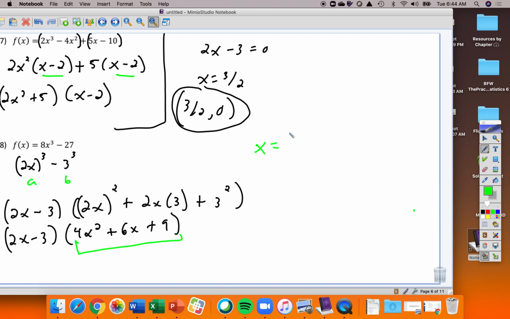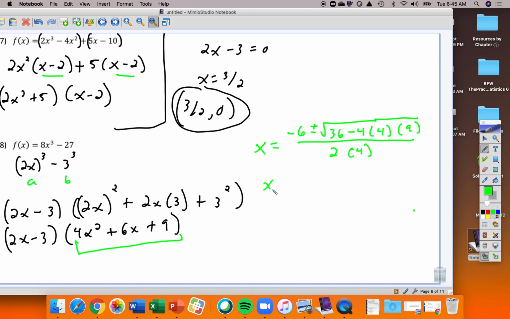x equals negative b plus or minus the square root of b squared, so 6 squared, 36, minus 4 times a, which is 4, times c, which is 9, all over 2 times a, which is 4.